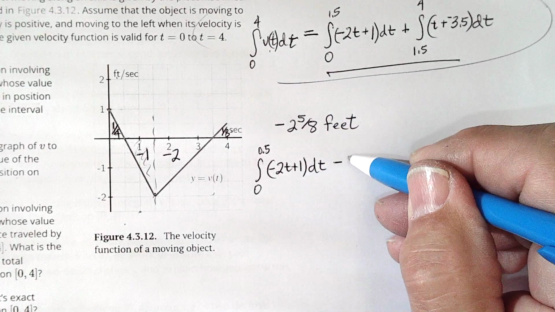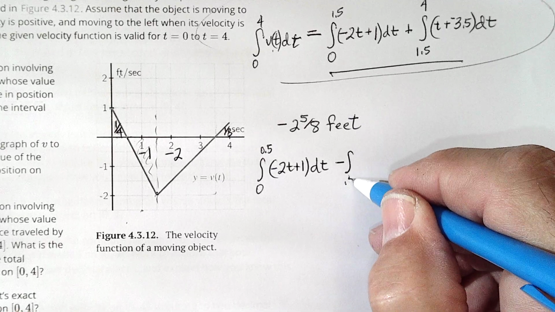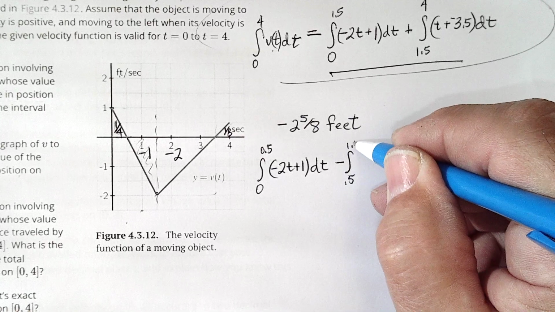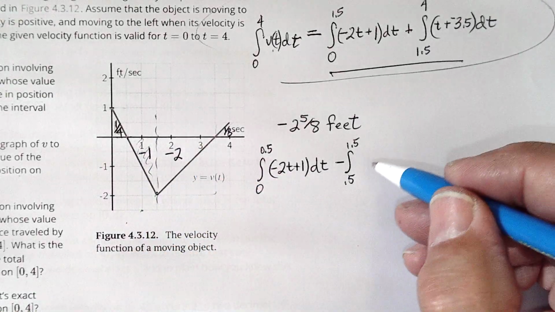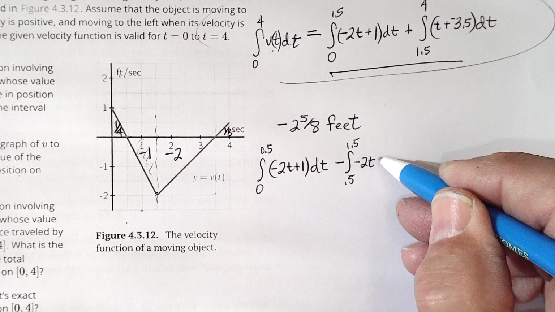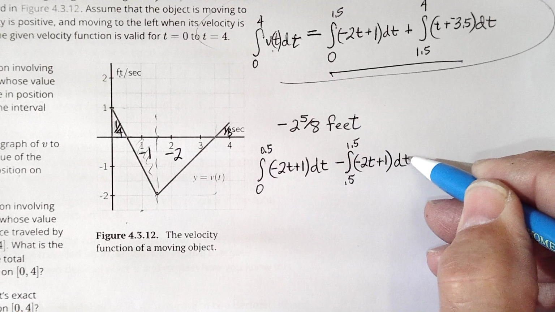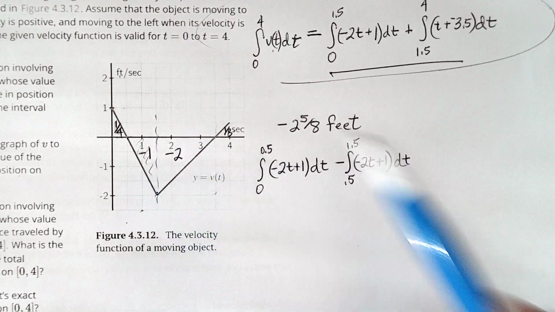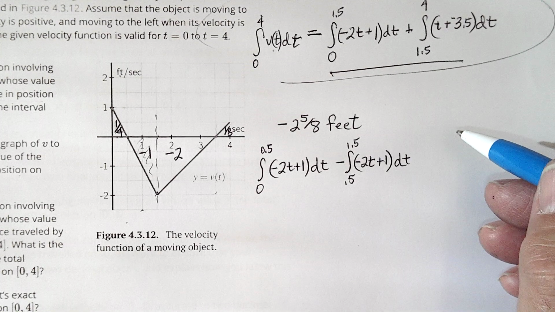So I'm going to subtract this negative area from 0.5 to 1.5 of the same equation, -2t plus 1. So I'm turning this area into positive area by subtracting that negative area. Subtract the negative to make it positive.